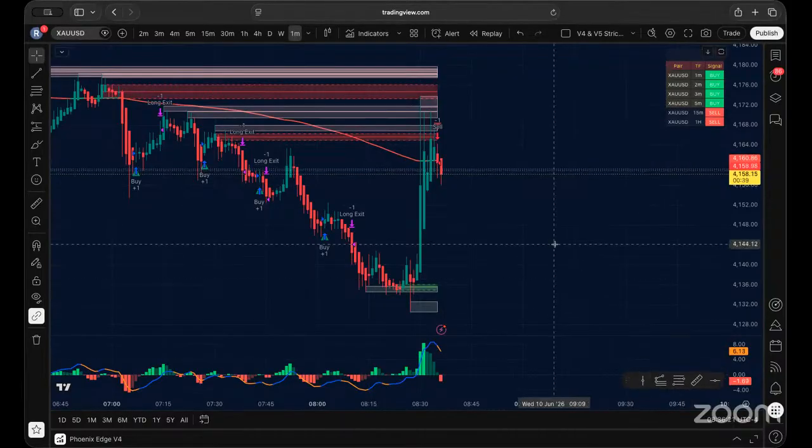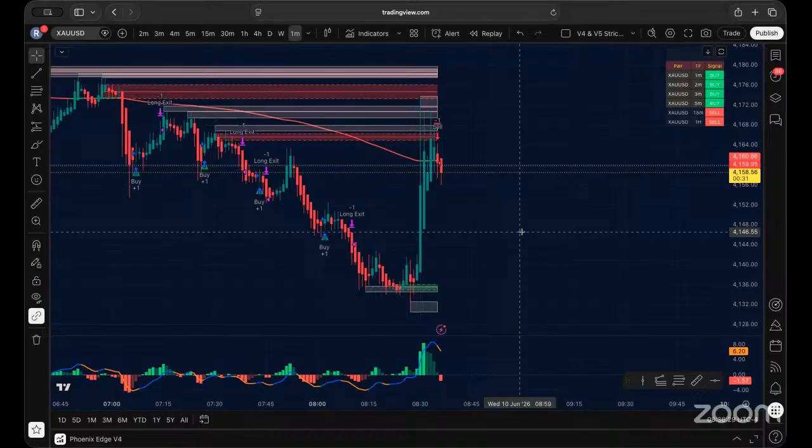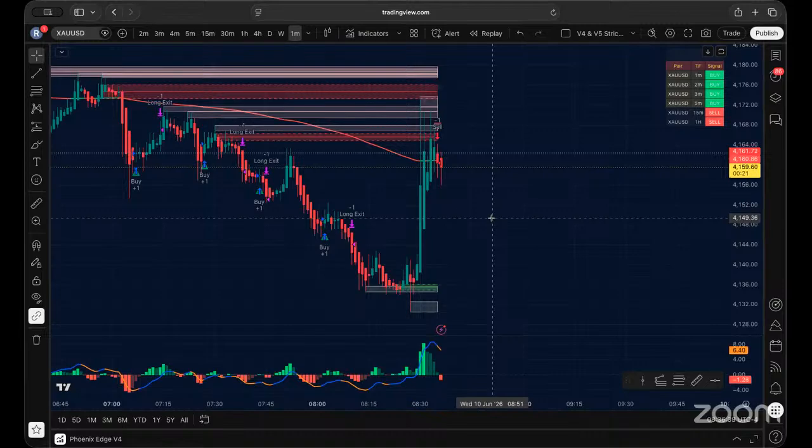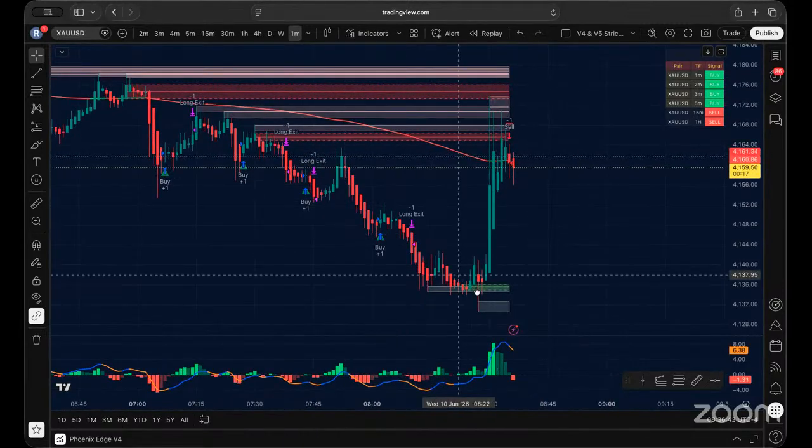All right, so Phoenix was built to make the market more simple, make you more consistent, more disciplined, right? So I'm gonna just go over a few things before we start looking for trade setups, like I said. With Phoenix, it's just gonna really give you your resistance and support zones.